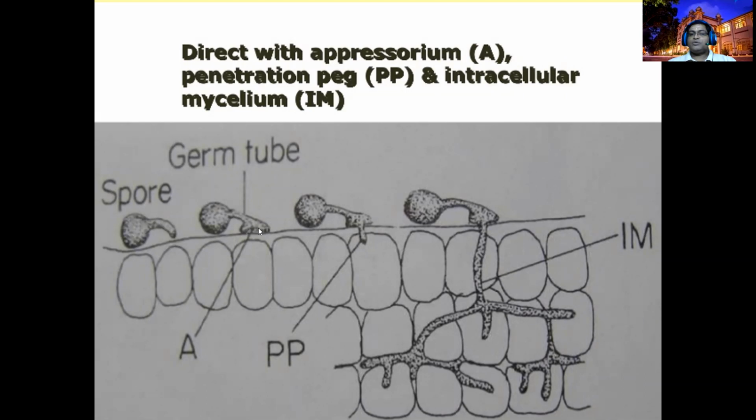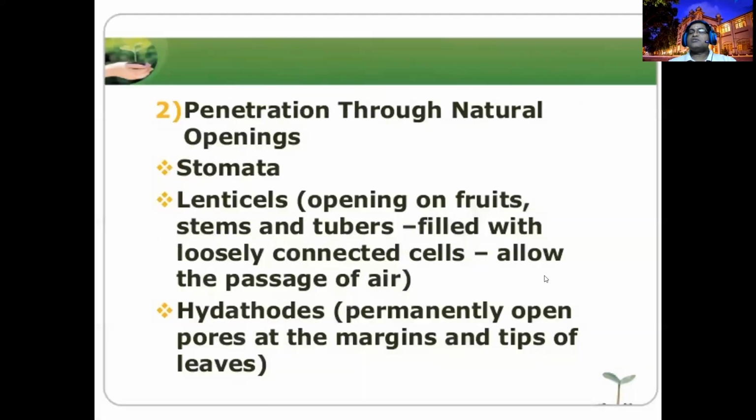At the end of the germ tube, it produces the appressorium. At the end of the appressorium, it produces the very delicate, sharp needle-like mycelium we call the penetration peg. Then this penetration peg widens and further invades as intercellular mycelium, IM, right? Then it can go intracellular. So this is the way the fungus penetrates once it reaches the host surface.